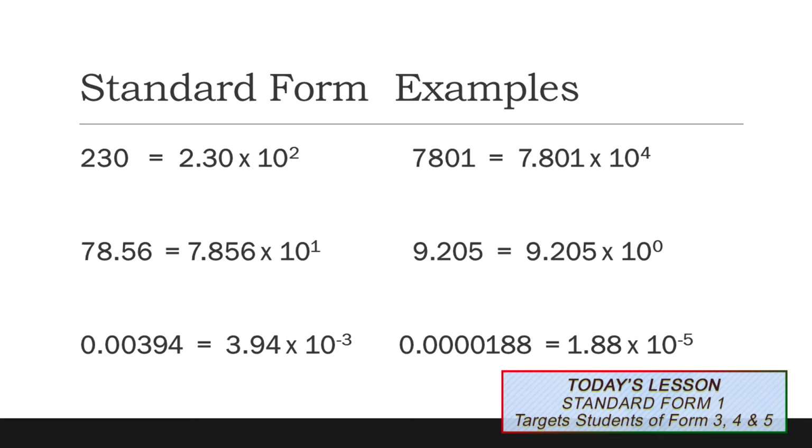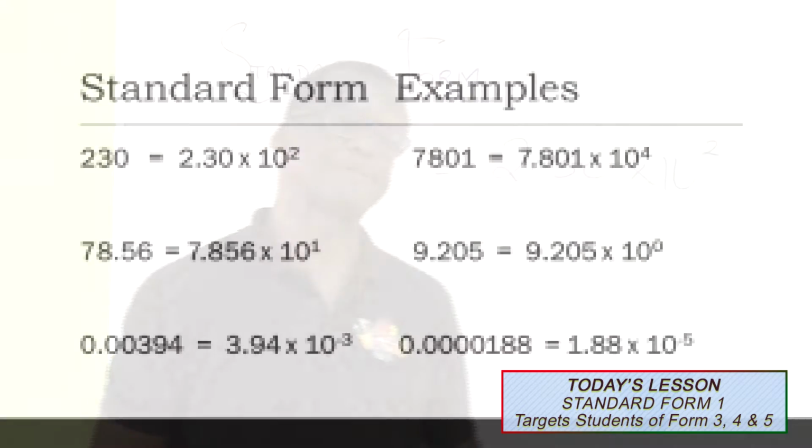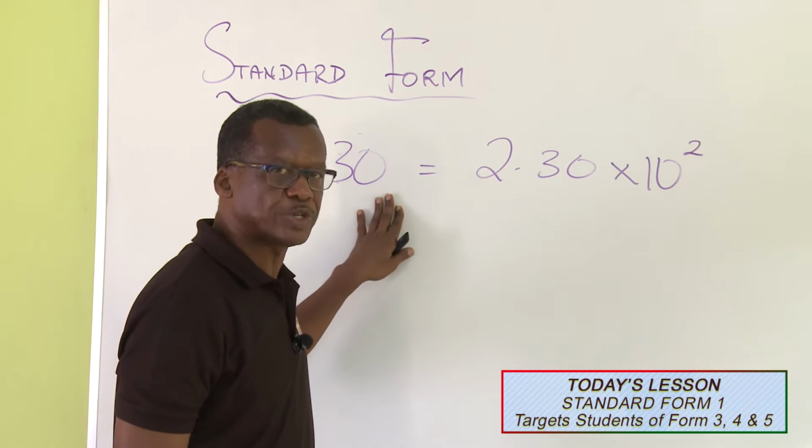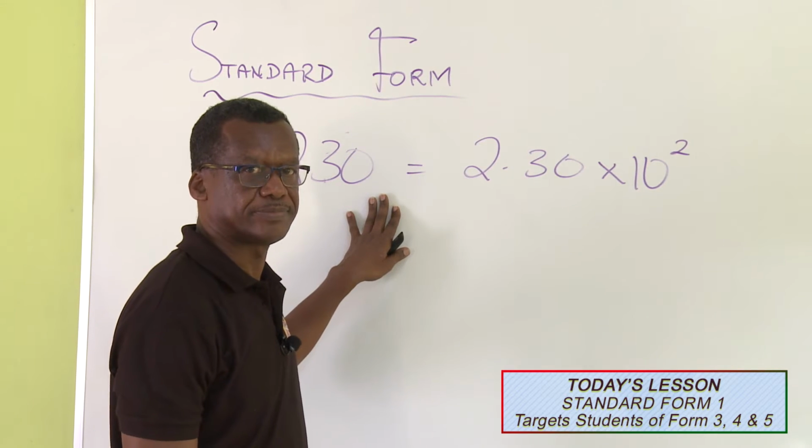Let's take number 1 for example. 230 is equal to 2.30 multiplied by 10 squared. On the left side, we have the number 230 in decimal form.